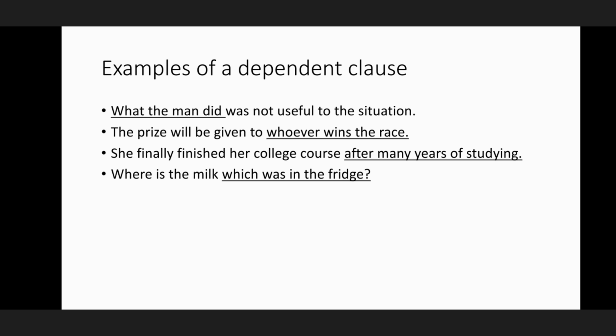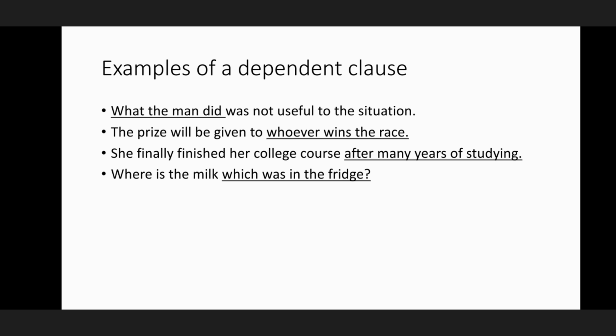Here are some examples of a dependent clause. Number one, what the man did was not useful to the situation. When you look at this first sentence, I've already made it easy by underlining the dependent or the subordinate clause in that sentence. If we are to separate what I underlined from the remaining words, both sides are not meaningful.